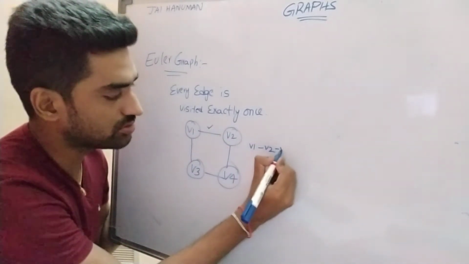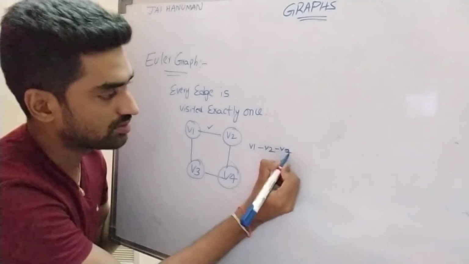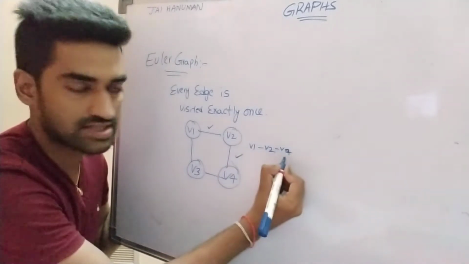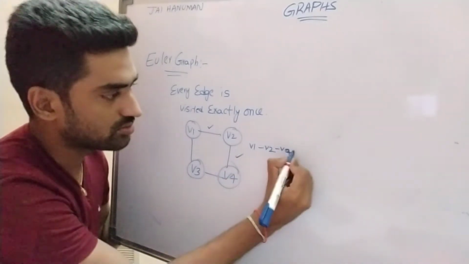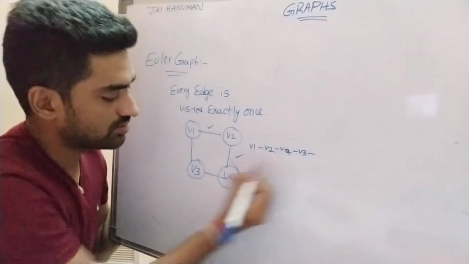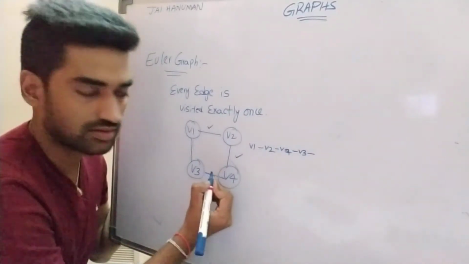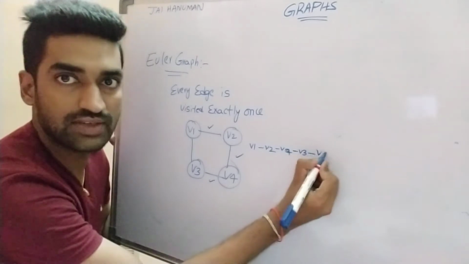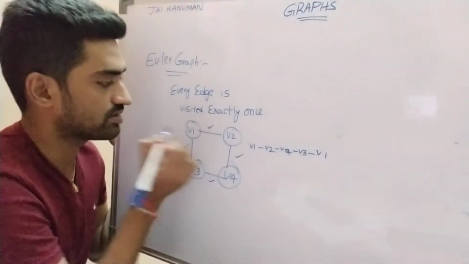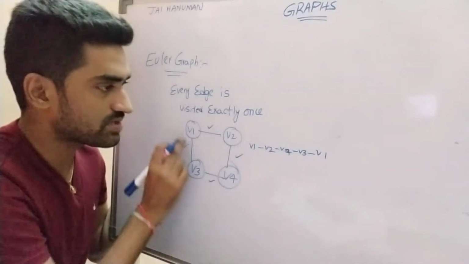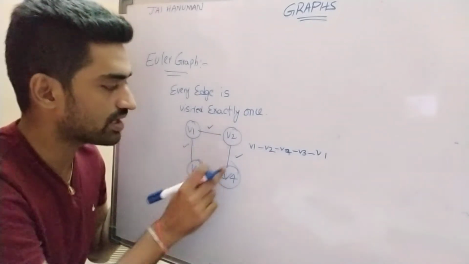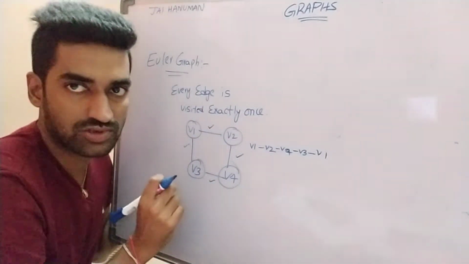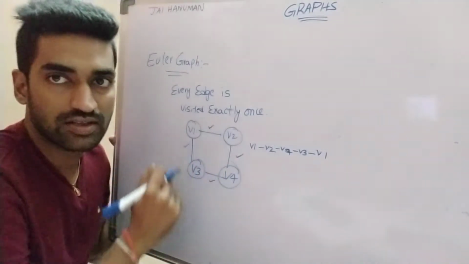Then V2 to V4, this edge is visited. V4 to V3, this edge is also visited. V3 to V1, this edge is also visited, right? So all the edges are visited exactly once, and finally we can reach the starting position, right? So that's why this is an Euler graph.